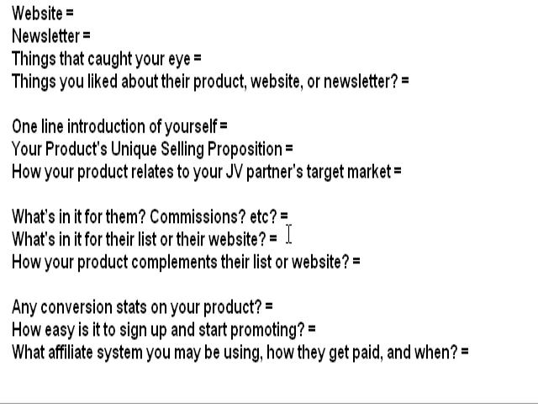Then you can talk a little bit about your book in one sentence: my book provides this and that, which could really help your list because of this and that. So you basically want to connect the two. And after that, how is your product complementing their website or their list? That's a very similar question, but these two go hand in hand.